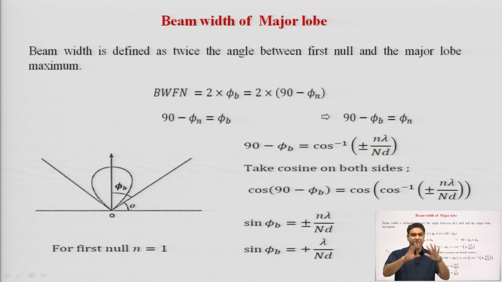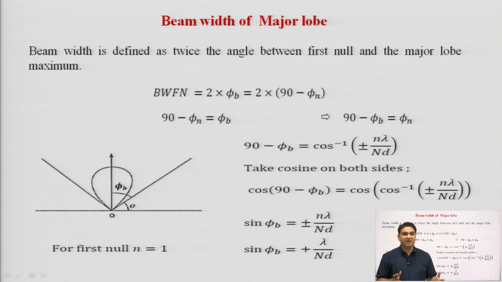This is the beam width of the major lobe, and it can be calculated like this. What is the beam width of the major lobe? It is specified in terms of half power beam width as well as BWFN, the beam width between first nulls.